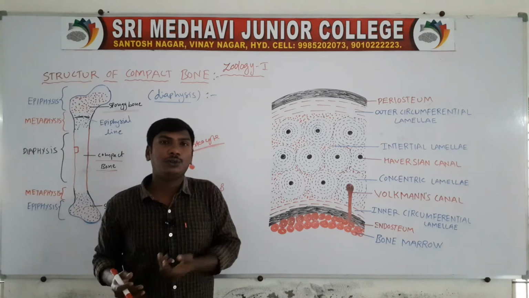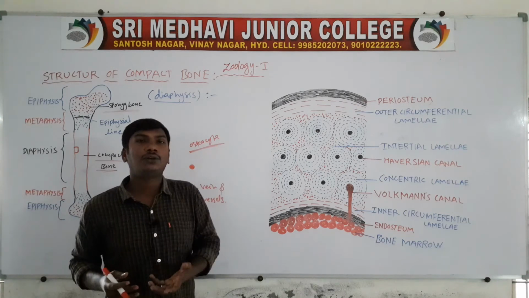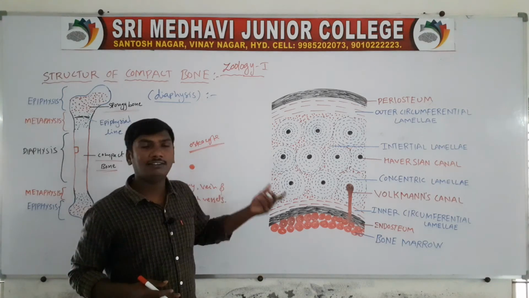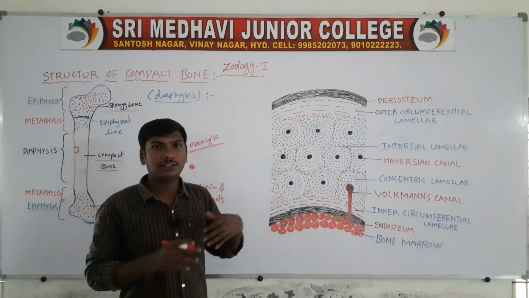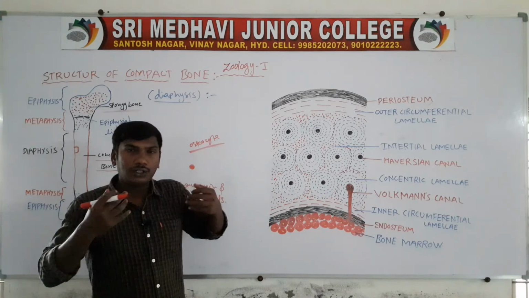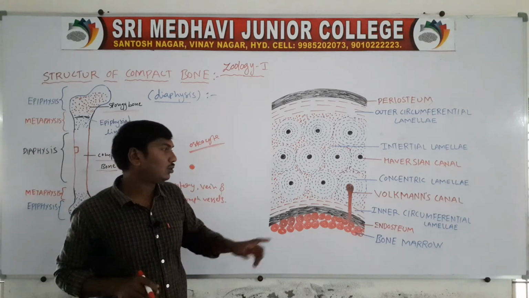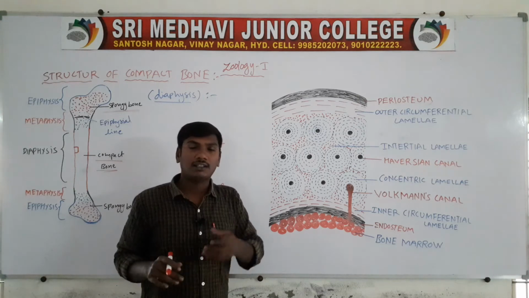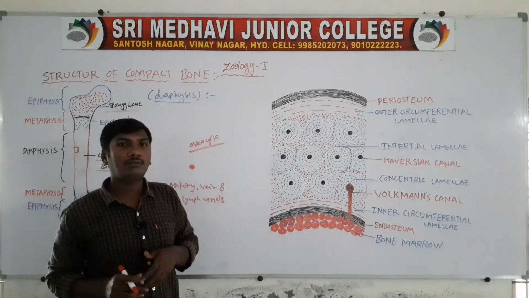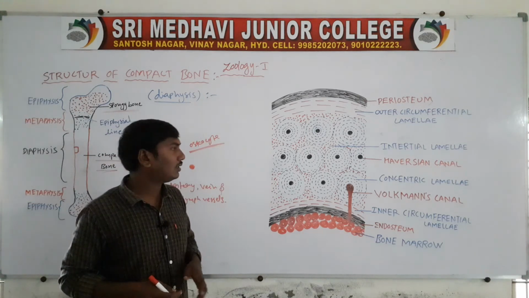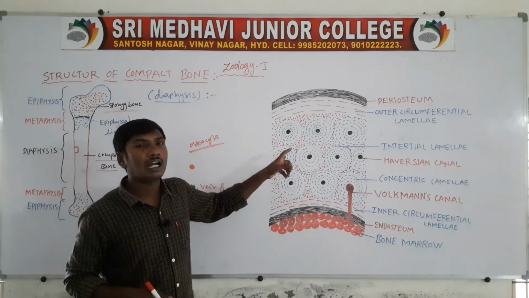That Volkmann's canal functions in the diffusion of nutrition. The bones are highly vascular, but the cartilages have no vascular supply, so nutrition is by diffusion through the Volkmann's canals. So that is the structure of the compact bone.